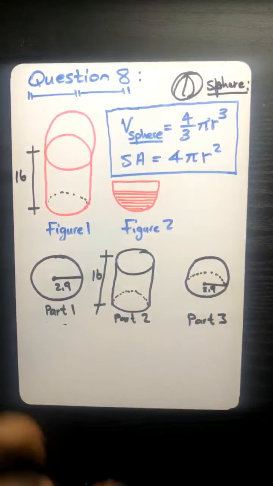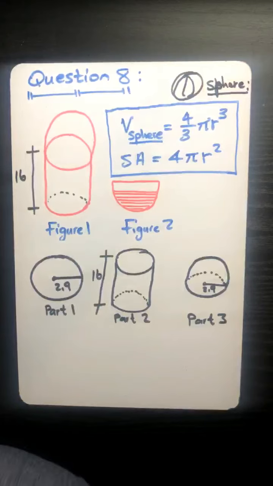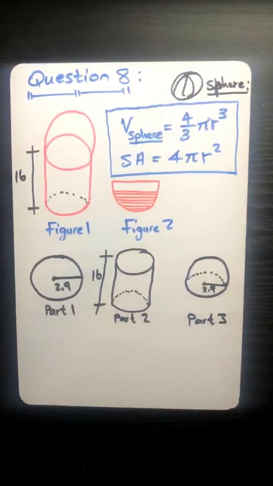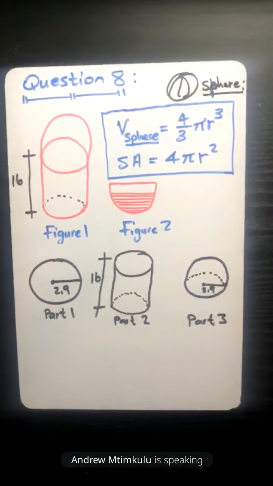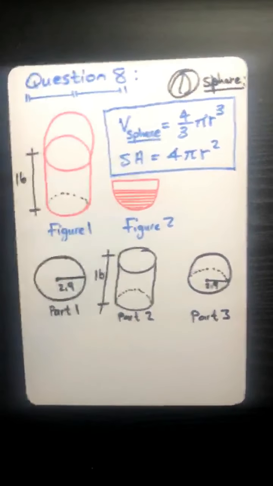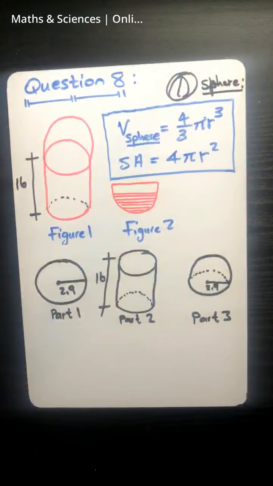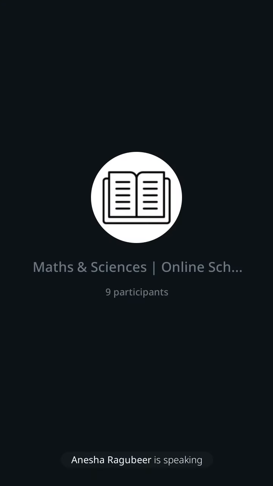So now, what is the formula for the area of a circle? Pi r squared, sir. Do you guys agree with that? Yes, sir.